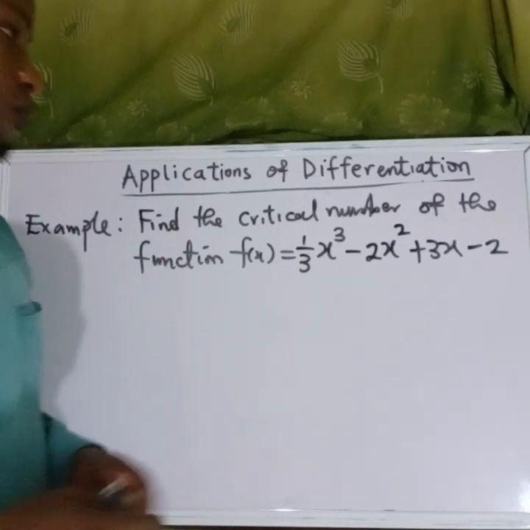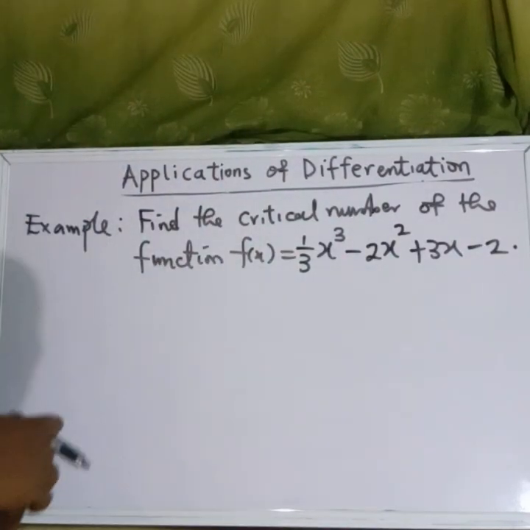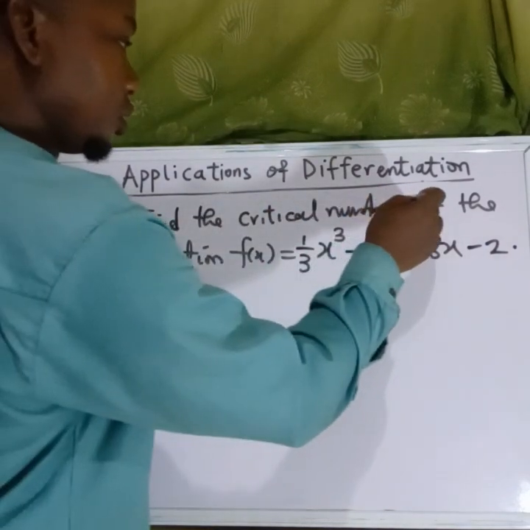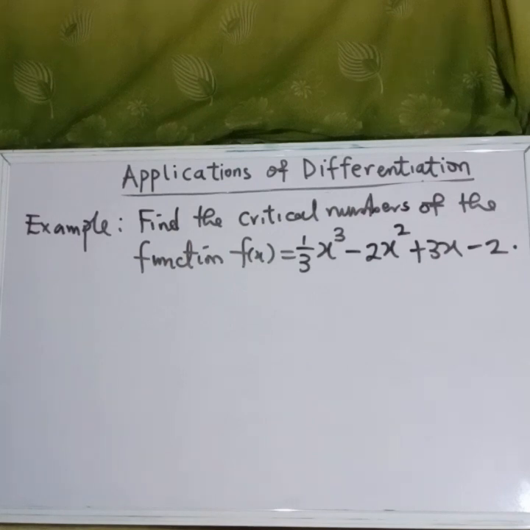We want to find the critical numbers of this function, and of course, this will have two critical numbers.